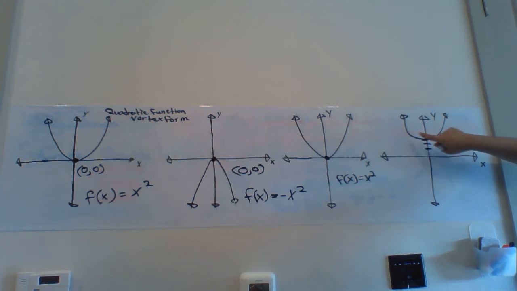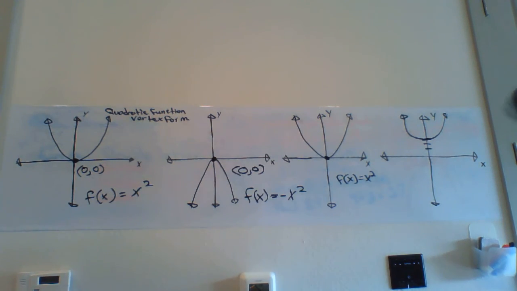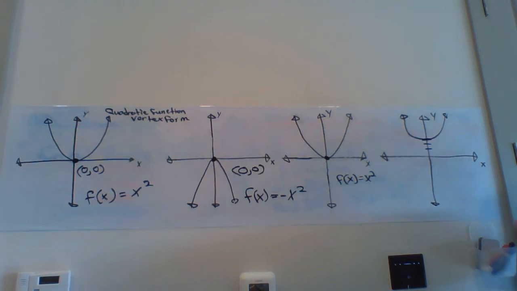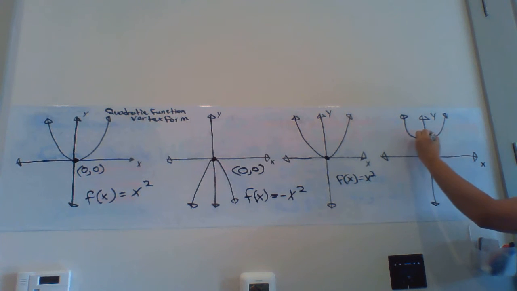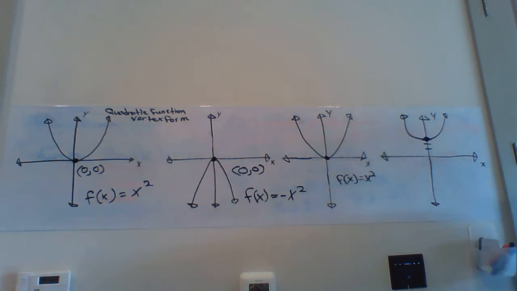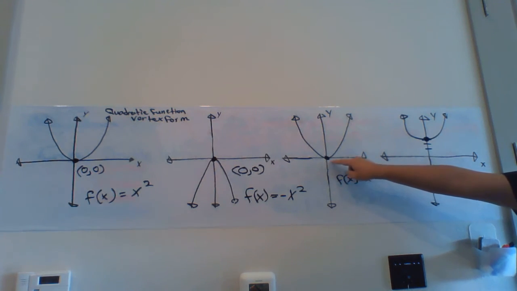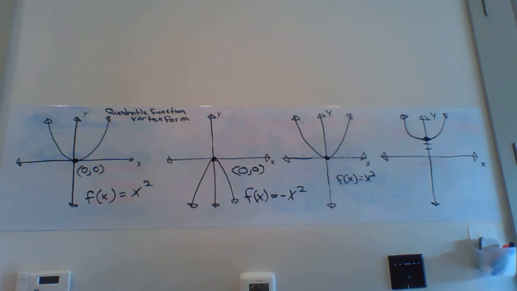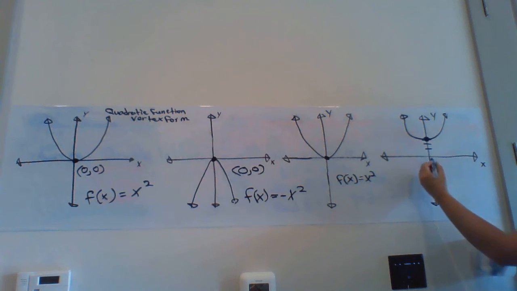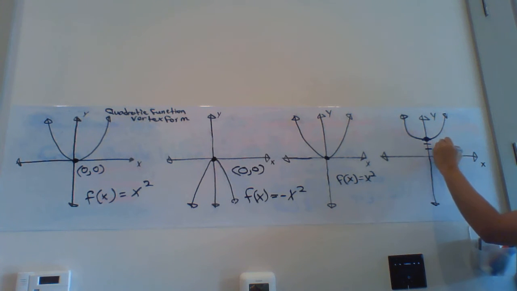Now, for the most part, they're opening up the same way, and they look pretty similar. The difference, other than my drawing skills, is that my vertex is actually up here rather than at the very middle. So that's where it differs a little bit. So I'm going to find the coordinates of this vertex. Well, I start at the origin. I don't go left to right at all.